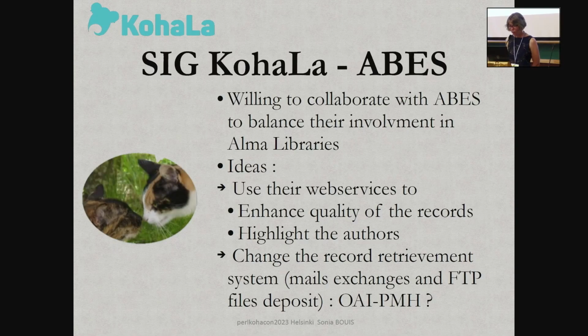So we raised several questions in the special interest group. We wanted to enhance the quality of our records. In fact, ABES provides APIs that can check some Unimarc rules.